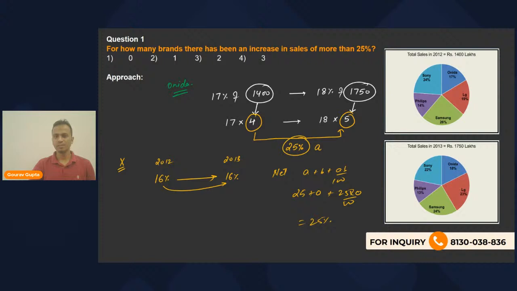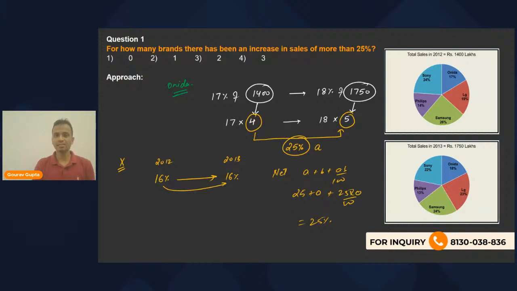I'll repeat, the change in total sales value is 25%. So if the percentage breakup for any brand remains the same, then the net percentage change will be equal to the percentage change in total sales value, which is 25%.